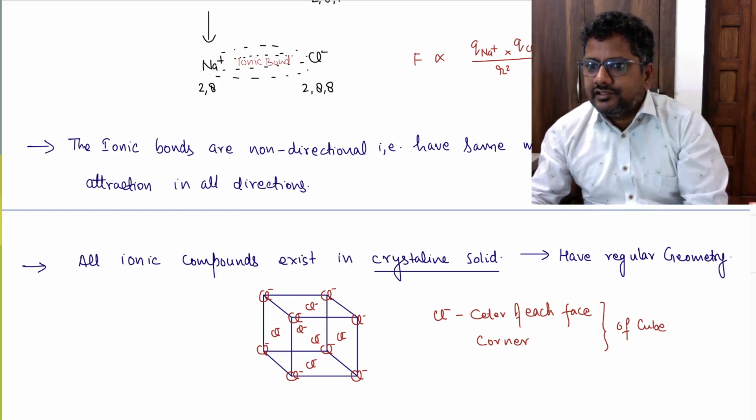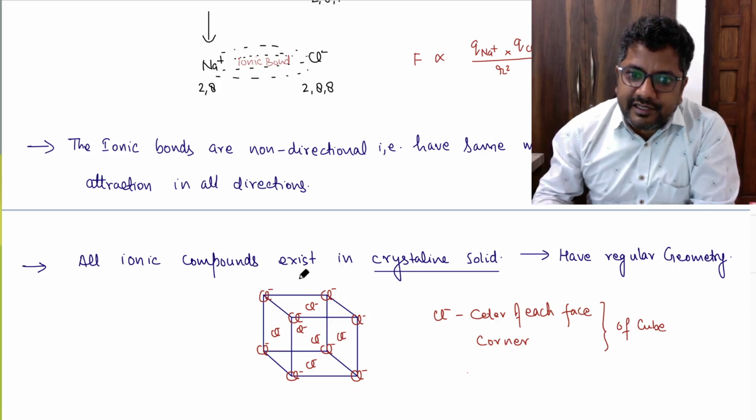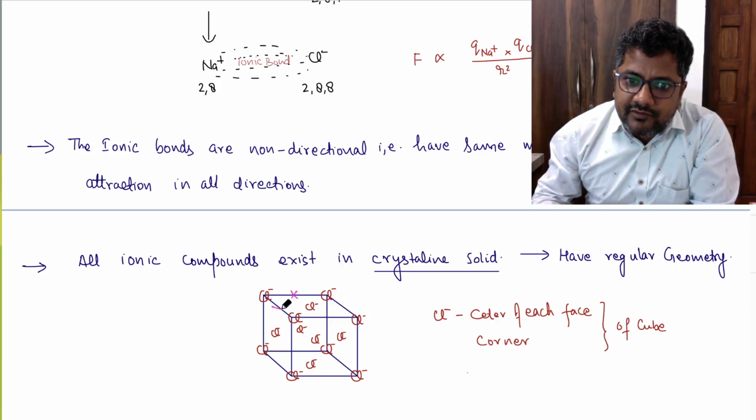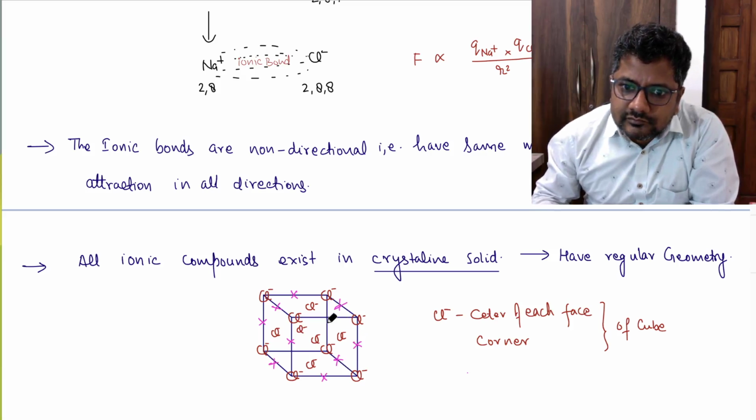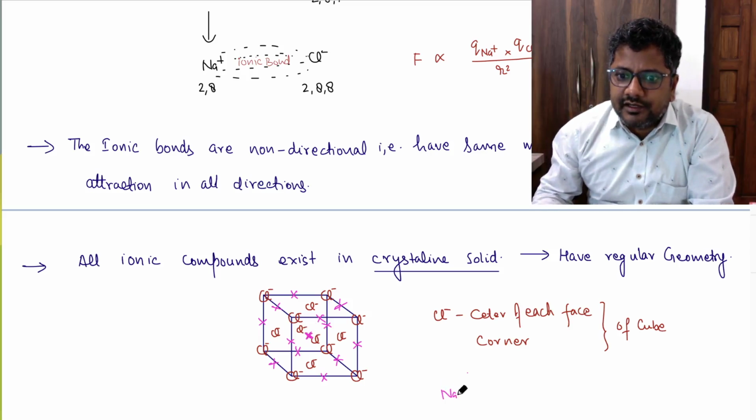And sodium ions are present at the center of each edge, center of each edge, and one sodium ion is at the center of the cube, right? So sodium ion is located there.